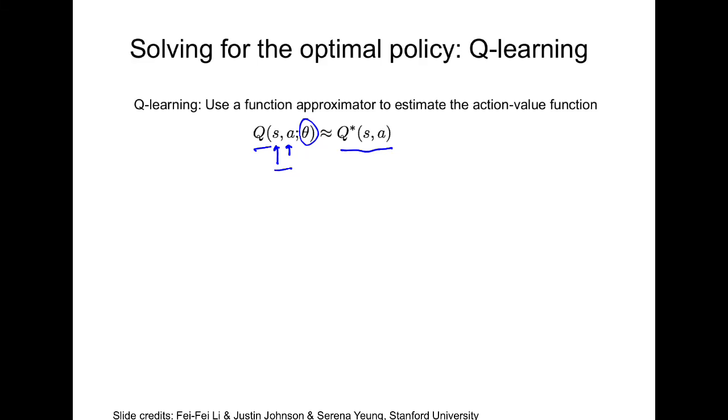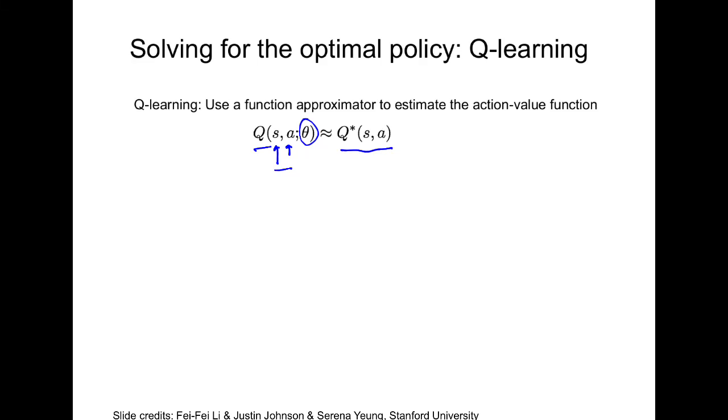And that's a regression problem. Given s, a, I want to estimate what my reward is going to be. How can you learn this network? You can use different architectures: a multi-layer perceptron, a 3-layer neural network, or a deep network, all those things. But the question is, how do I learn that network?